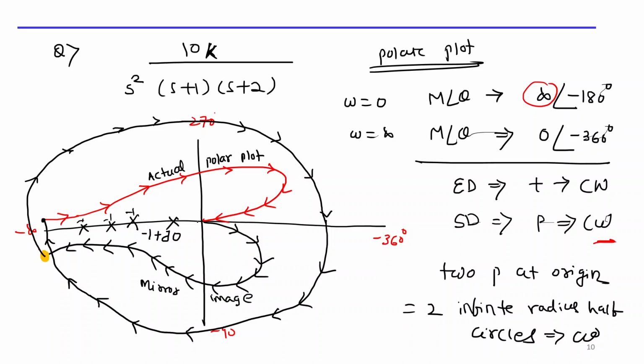So tell me, if the -1 plus j0 point is somewhere here, then what is the total number of encirclements about this -1 plus j0? See, here you started, now one encirclement, then you discontinue, again there is one encirclement. Then again you continue here and another encirclement.